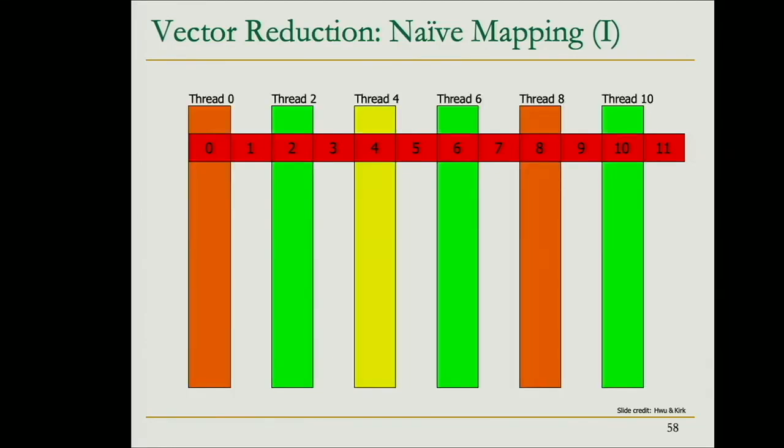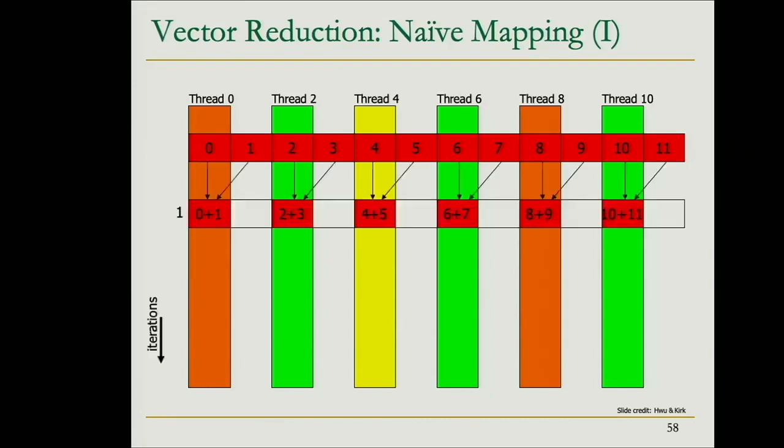For example, in my naive mapping, I have thread 0 adding elements 0 and 1, thread 2 adding elements 2 and 3, thread 4 adding elements 4 and 5, and so on. This is naive, but it's the most straightforward and easiest way for a programmer to write this. After this lecture, you will always think of the right way of doing it if you have to program this or something similar on a GPU.